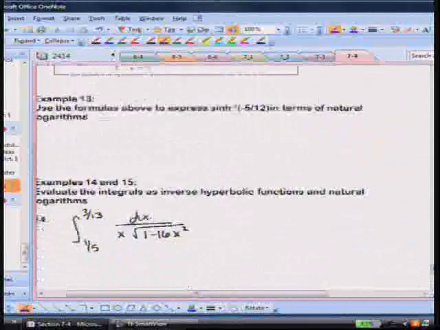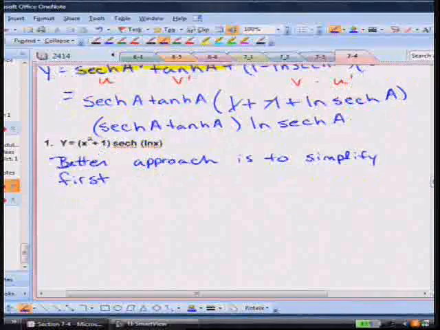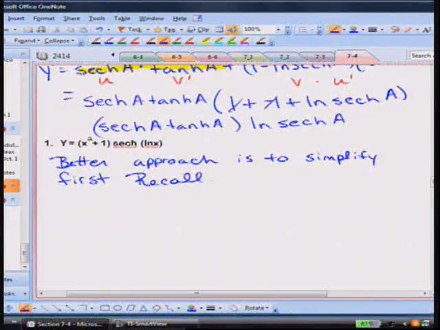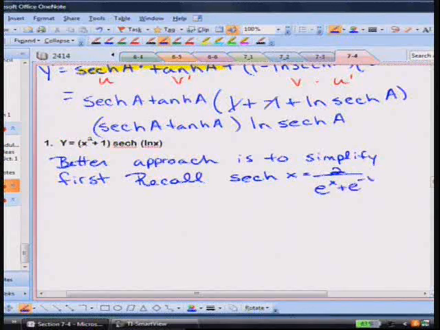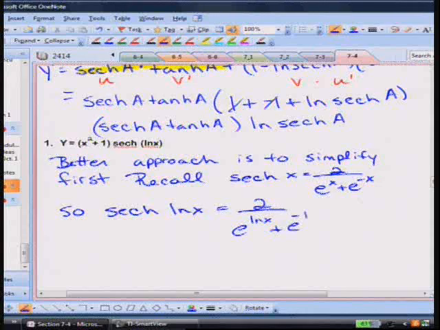Recall that the hyperbolic secant of x is equal to 2 over e to the x plus e to the negative x, because it's just the flip of the hyperbolic cosine. All right, so the hyperbolic secant of ln x will just be 2 over e to the ln x plus e to the negative ln x, right?